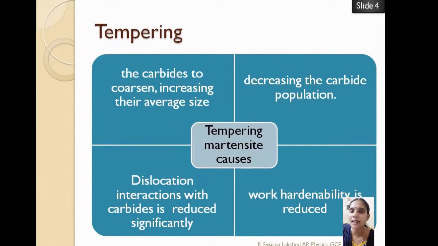Tempering martensite can cause the carbide to coarsen, increasing the average size and thereby decreasing the carbide population. The dislocation interactions with the carbides are reduced significantly because of the decreased population, and hence the work hardenability of tempered martensite is reduced.